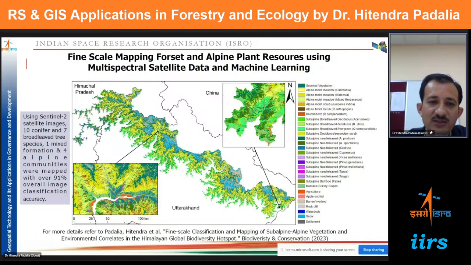All these developments are helping us today to create maps which otherwise would have taken 3 years to prepare, scene by scene, and then mosaicing them. So now all this hardship has gone, and we are able to implement the algorithm over large areas.